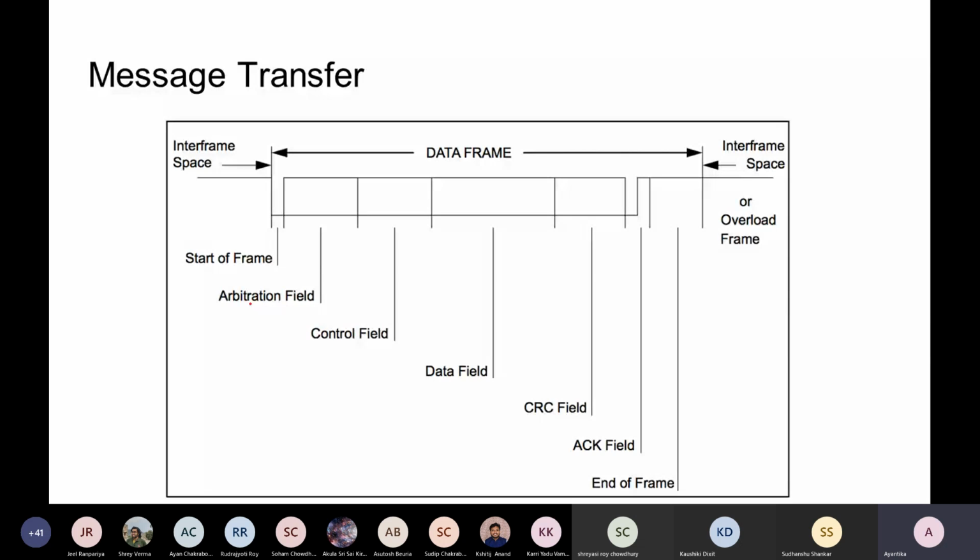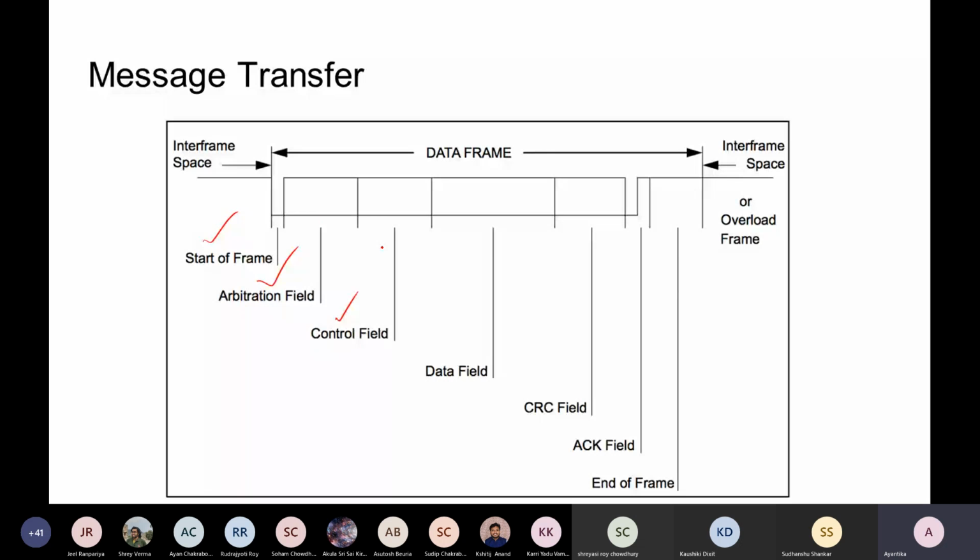It works as an identifier. Which node will get the priority for this field when multiple nodes are trying to access the shared CAN communication bus? These are the functions of the arbitration field.